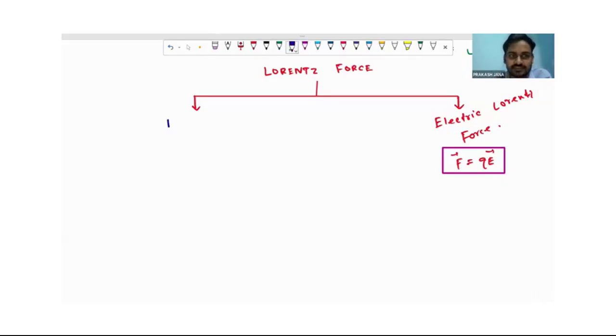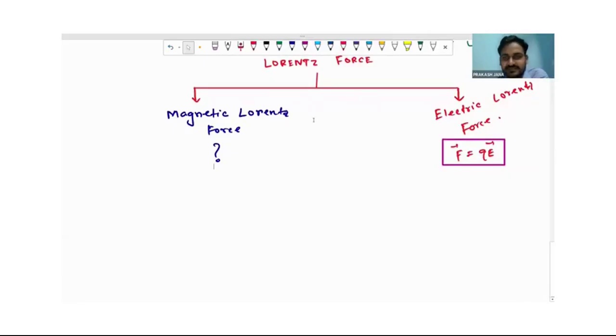And another Lorentz force is the magnetic Lorentz force. This is new to us and we'll discuss that. The concept is very similar to the electric Lorentz force.